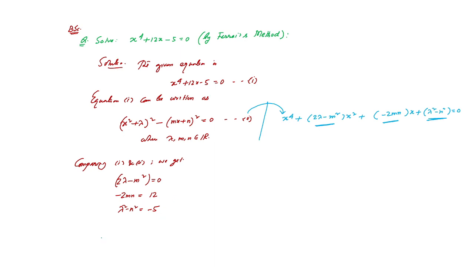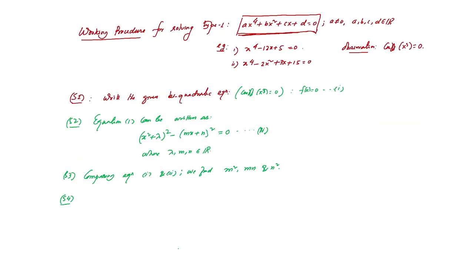From this, you can write m square equals 2 lambda, mn equals minus 6 and n square equals lambda square plus 5. So step 3 is done.